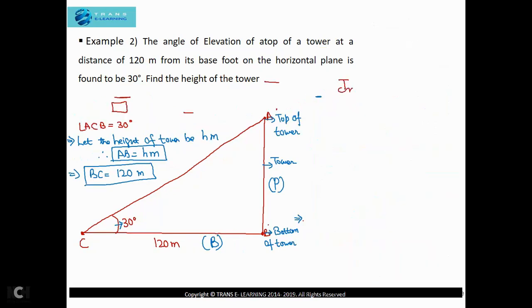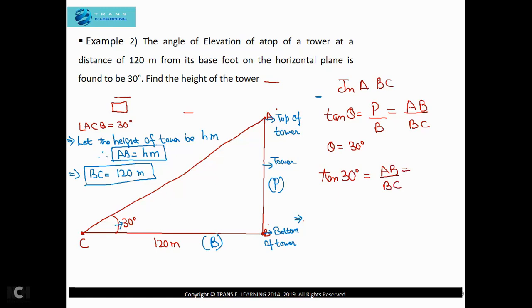So now in this triangle ABC, tan theta is equal to perpendicular upon base, that is equals to AB upon BC. In this question theta is given as 30 degree, so I'm going to write tan 30 degree is equal to AB upon BC. AB is equal to h meters and BC is equals to 120 meters.